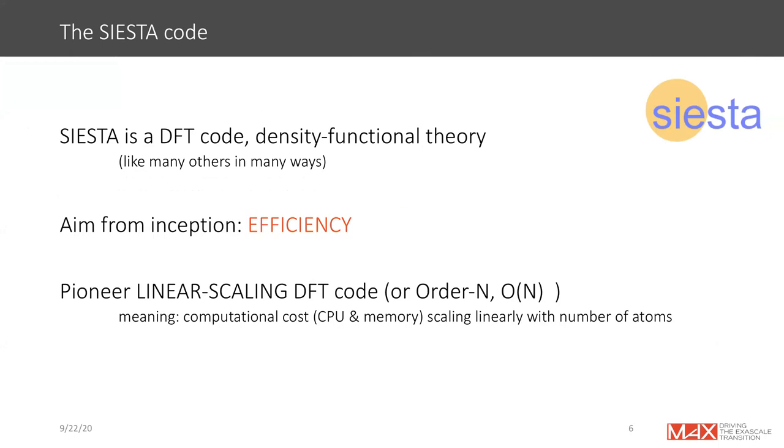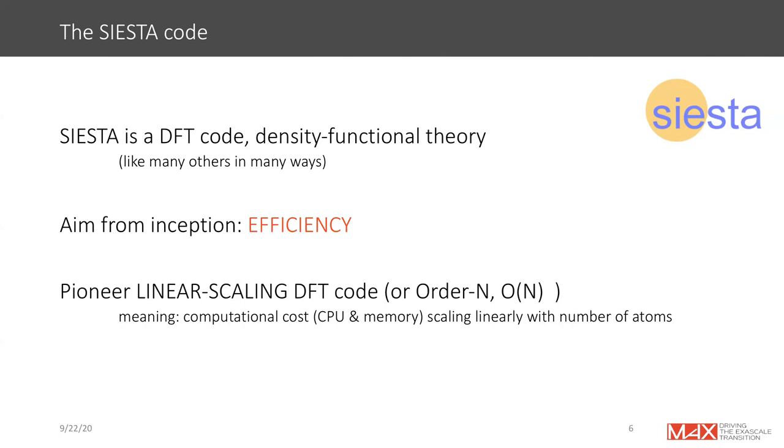It is like many others in many ways, but from its very inception, Siesta was aiming for efficiency, to do density functional theory calculations much more efficiently. Efficiently means you can do larger simulation boxes, pack in more atoms of different kinds, and that opens applicability to lots of different contexts and complexities.